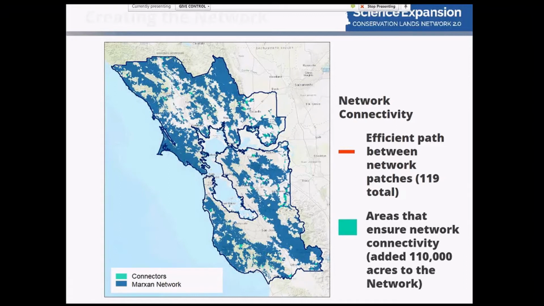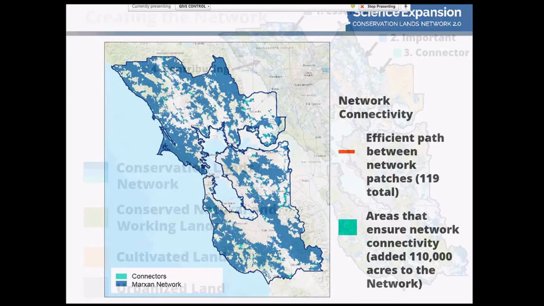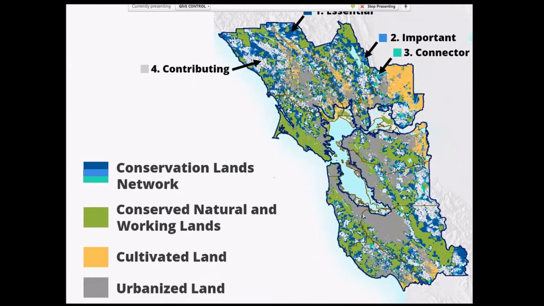So all of that is to say that we end up with this spatially explicit network design that fuels the vision for conserving 2.5 million acres in the Bay Area by 2050. And we are by no means saying that the areas that are not within those blue areas are not worth anything.